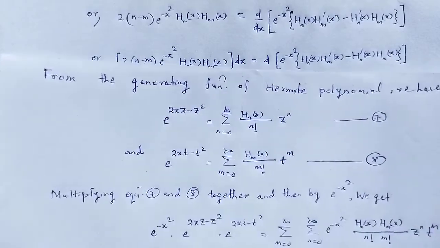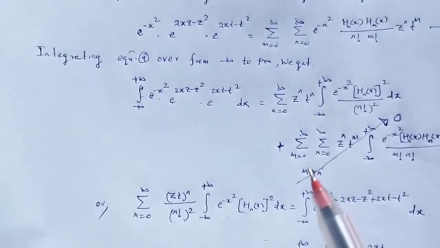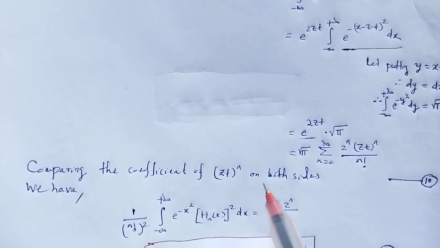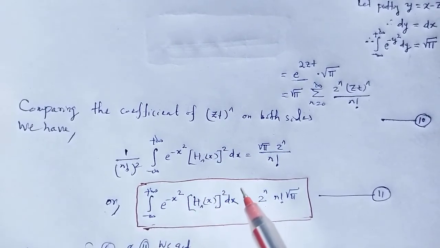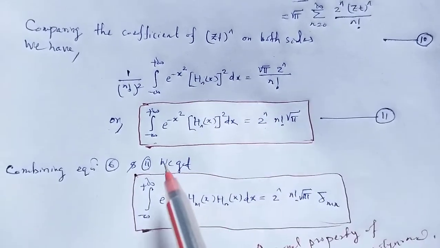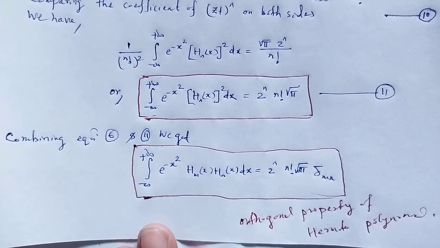And by using the generating function, we proceed, and finally equating the coefficient of t to the power n, we have this equation, and the condition is when m is equal to n. Now combining these two equations, we get that relation which is known as the orthogonal property of Hermite polynomials.